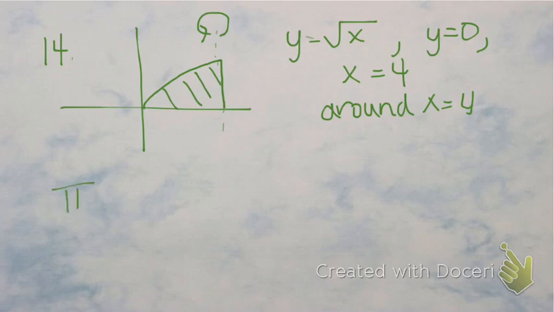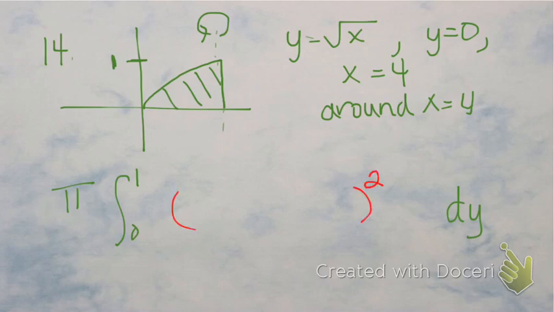Alright, it's going to be pi, it's going to be 0 to 1, because of this one, it's going to be dy, because the line we're going around is up and down, looking like the y-axis. It doesn't look like there's a hole, so it's just going to be 1 thing squared.